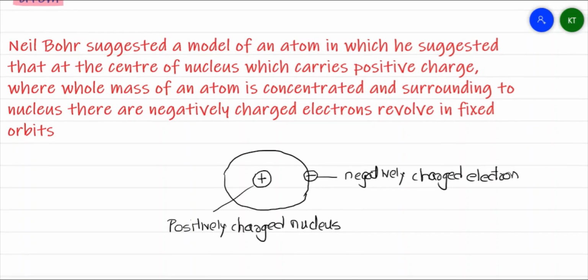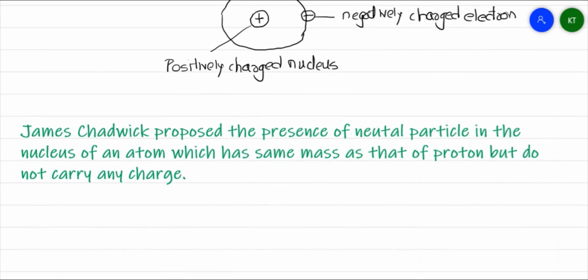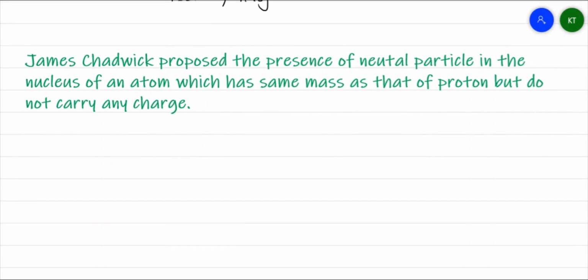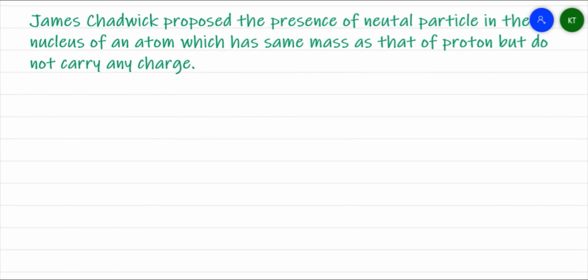And later on, James Chadwick proposed the presence of a third fundamental particle, which is called a neutron. Now this neutron does not carry any charge, but has the same mass as that of a proton. So based on these conclusions, I can say this is the central positively charged nucleus, which consists of protons and neutrons.